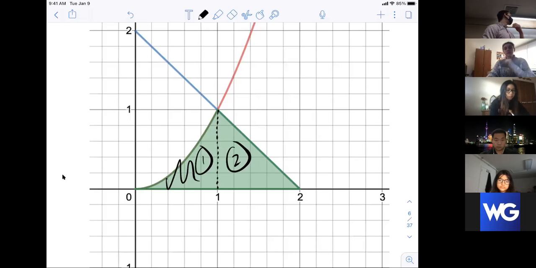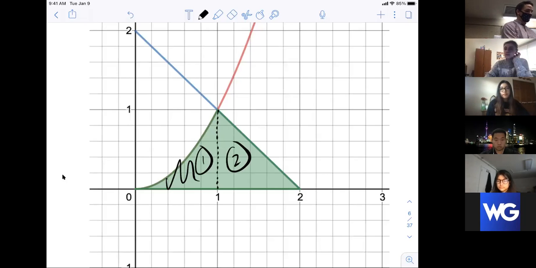There's a couple reasons why this is annoying. One, I don't like to do 2 integrals when I can just do 1. Okay, so if instead of thinking of this region as, before we thought of these regions as having a top curve and a bottom curve.